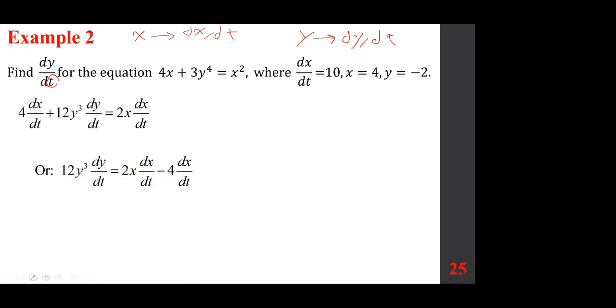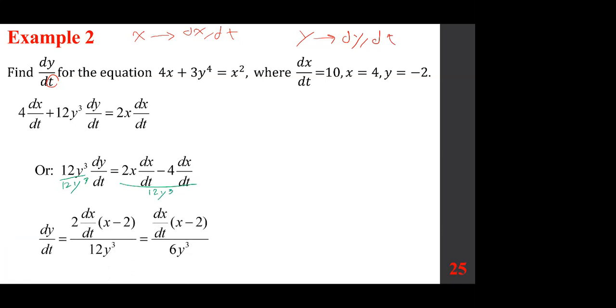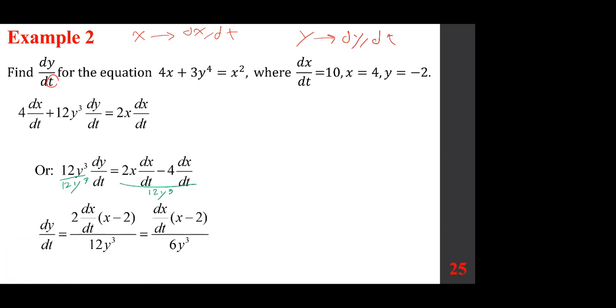So when we do that, we end up with dy dt. Now, there is a common factor of 2 we can drop, because the right side we can take the 2 out, and the left side 12y cubed. Now I can drop the 12 and change it to 6. And now I can plug in the values.